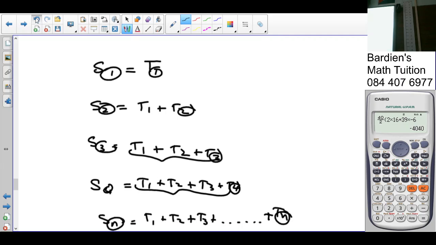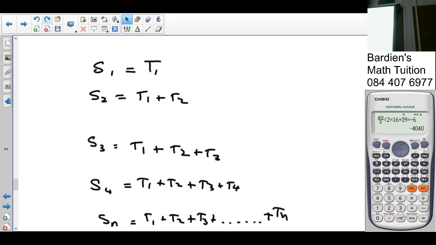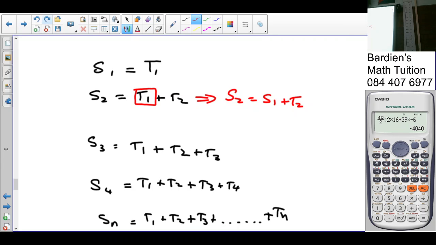Okay. So what we do now is we say, okay, S2. Let's start with S2. Remember what is T1 equal to? Sorry? S1. So S2 is equal to S1 plus T2. Not so. Look at the next one.